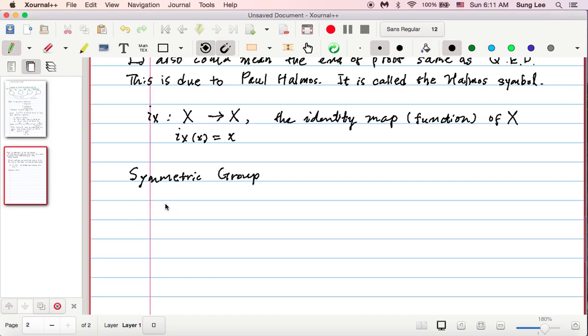Okay, symmetric group. Like I said, A of x is the collection of all bijective functions from x onto itself. As we proved, composition is associative.